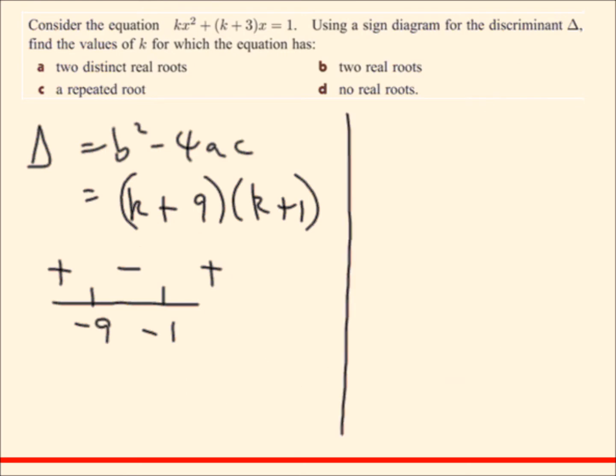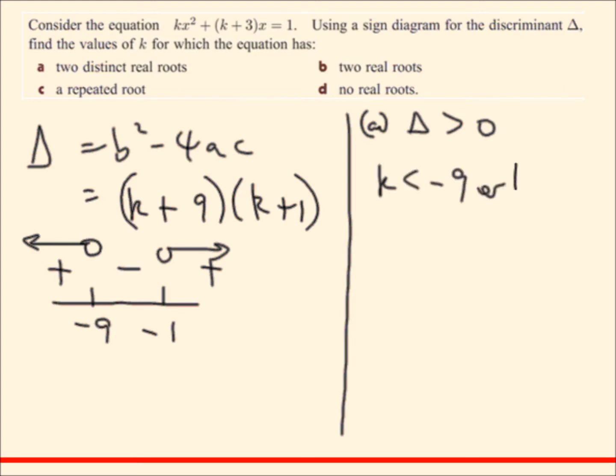So for part A, if we want two distinct real roots, our discriminant must be greater than 0. So on our sign diagram, we want the positive sections only. So we draw empty circles at the zeros and arrows pointing left and right. So that region, we have k is less than -9 or k is greater than 1.